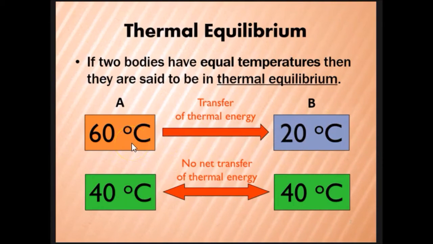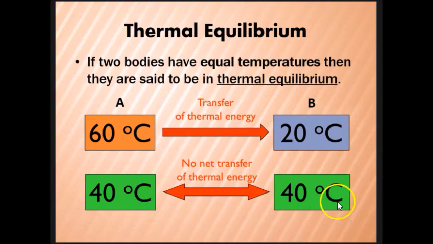Since object A is hotter, we know that heat will be moving from A to B. If that's the case, the temperature of A will drop with the continuous transfer of energy to B, while the temperature of B will rise. This will continue until the temperature of both A and B has become the same, at 40 degrees Celsius.